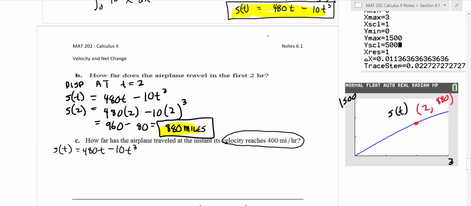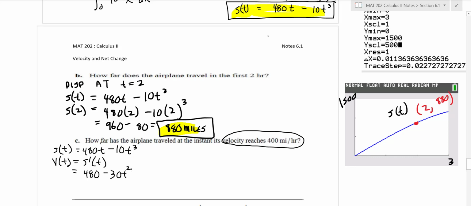So we've got to find the velocity function. The way we find the velocity is we take the derivative, s prime of t. That derivative would be 480 minus 30t to the second. Okay, so that's what we'd have.